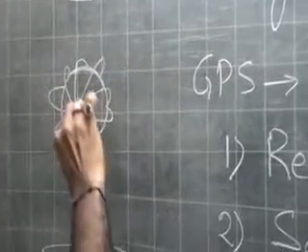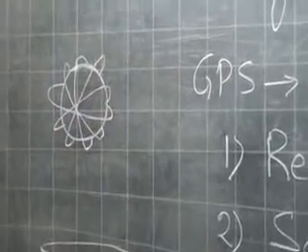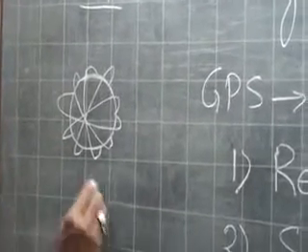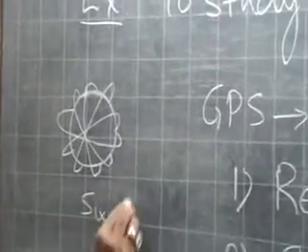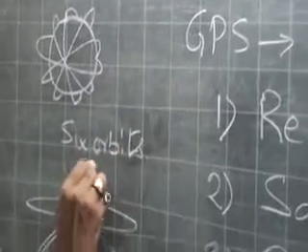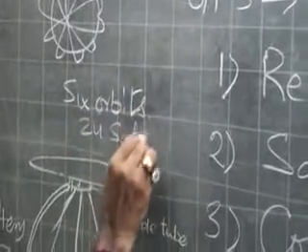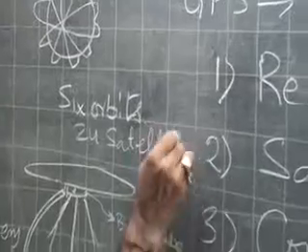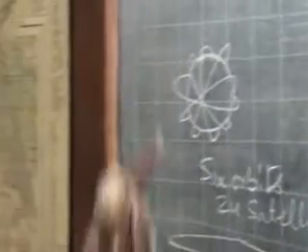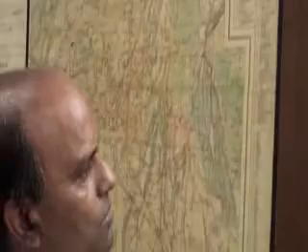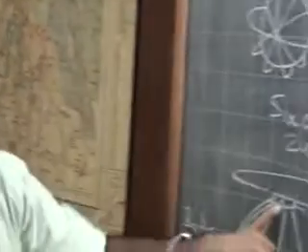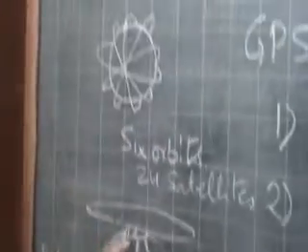These are the 6 orbits at different angles, and in these 6 orbits there are a total of 24 satellites. It means there are 4 satellites in each orbit, and the orbits are inclined to each other so that anywhere on the globe you receive signals from the satellites.